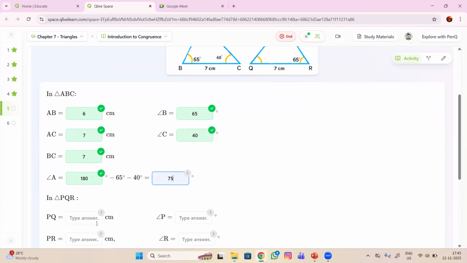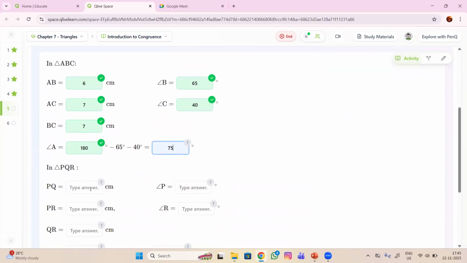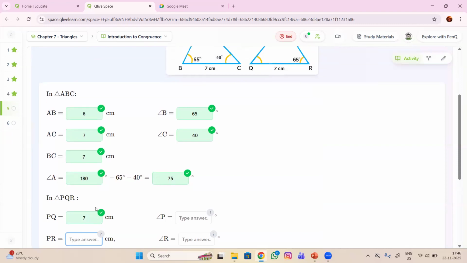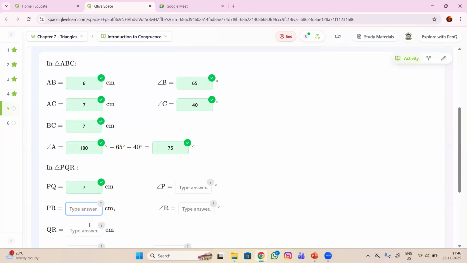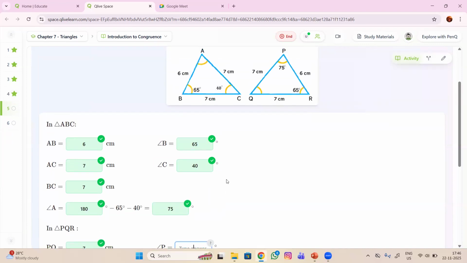Then corresponding to triangle PQR, PQ is 7 centimeter and PR is 6 centimeter, and QR is also 7 centimeter. Very good. Then what's angle P?